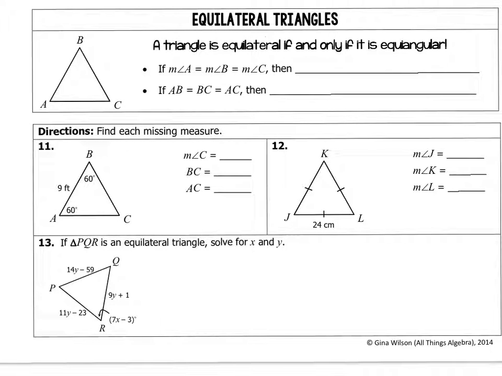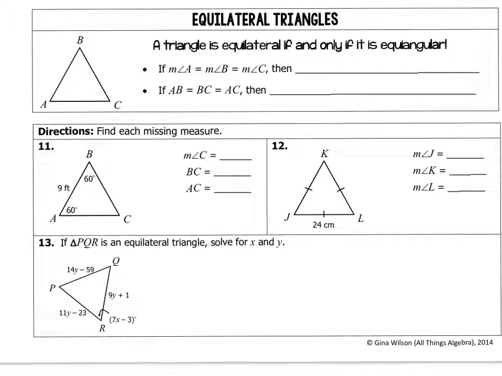Now, in addition to isosceles triangles, we also have some practices for equilateral triangles. Recall, a triangle is called an equilateral triangle if and only if it is equiangular. In other words, all three angles must be congruent. And if all three angles are congruent, all three sides will be congruent. So it's also called the regular triangle.